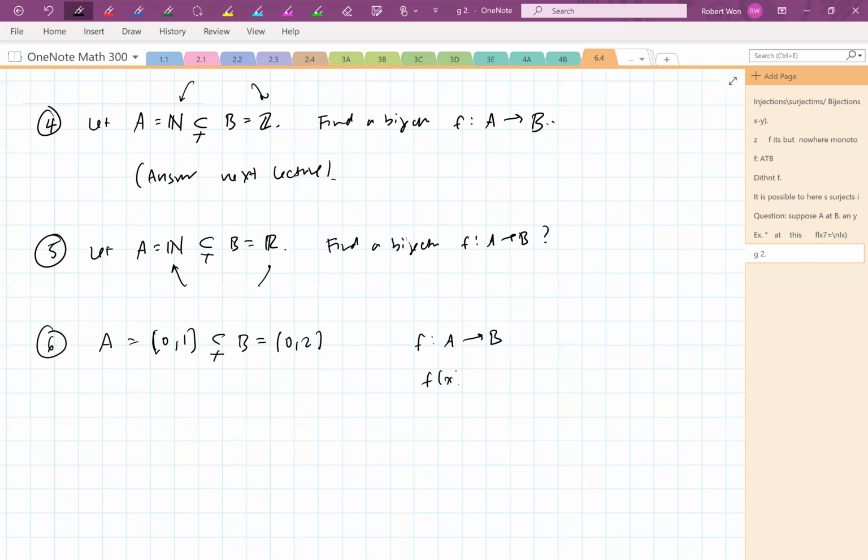You just take f of x to equal 2x. So even though A is this interval and B is this interval, there's a bijection between them. In other words, they sort of have the same number of elements somehow.